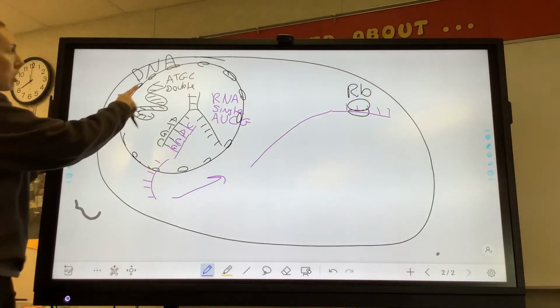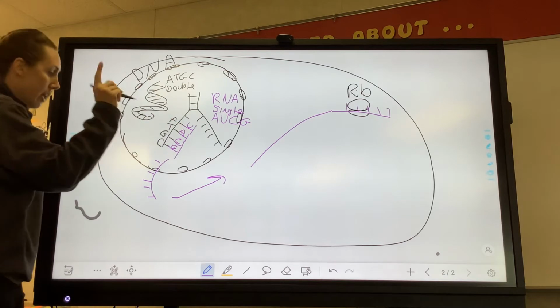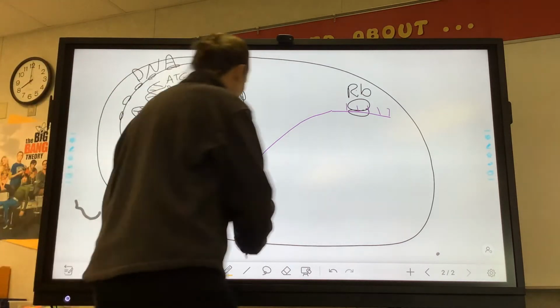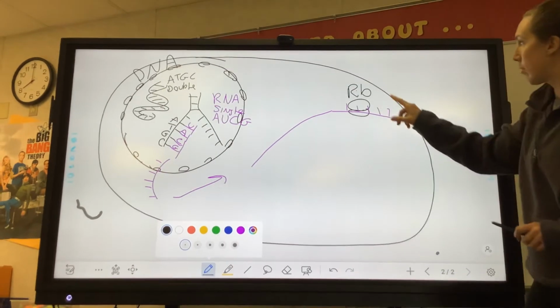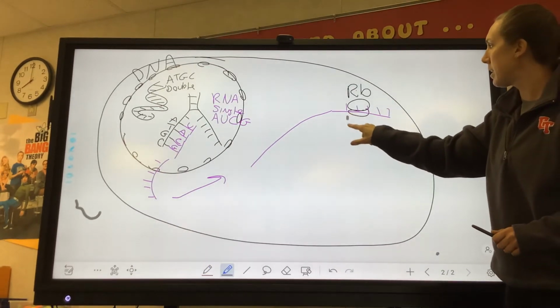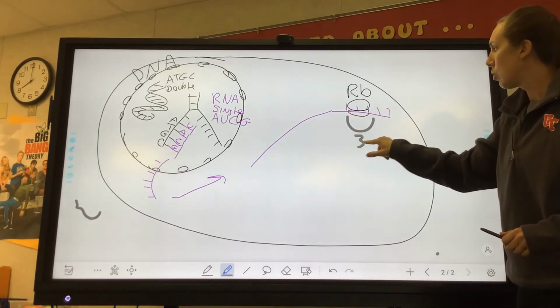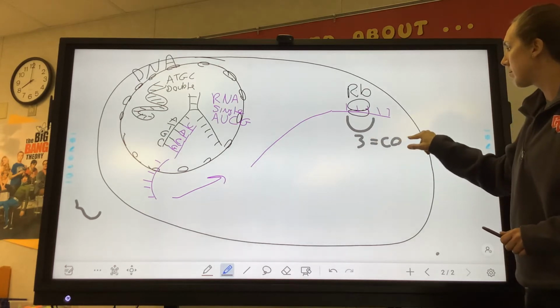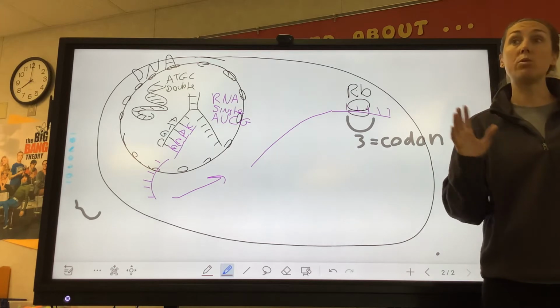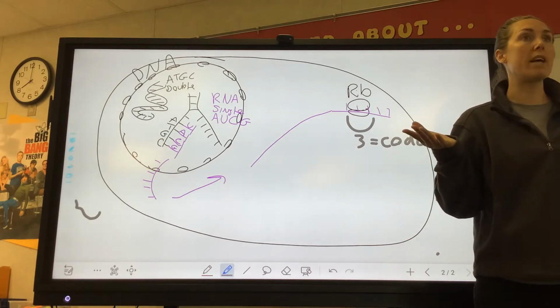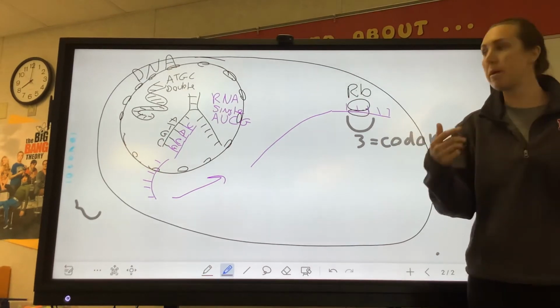So we needed to turn DNA into RNA, and then the ribosome's going to read it 3 bases at a time, which is called a codon, okay? And then remember we had to use that chart to figure out which amino acids the codon coded for. So look up here.